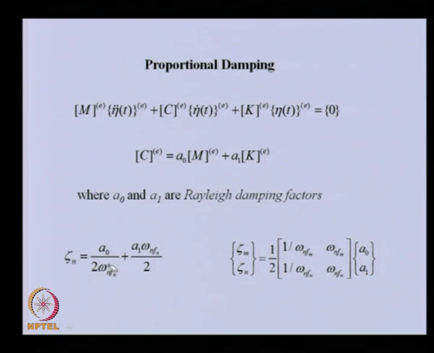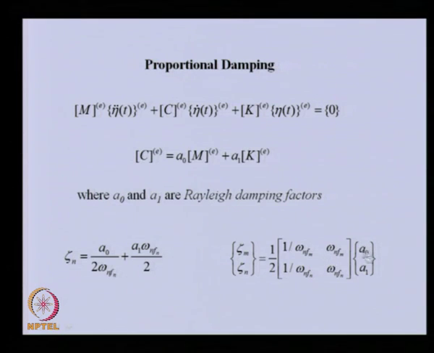If we are interested in a certain frequency range, we can pick up two natural frequencies within which we want to analyze the system. Let us say one is the mth mode and another is the nth mode. If we write this for the mth mode and nth mode, we will get two equations that can be written like this.